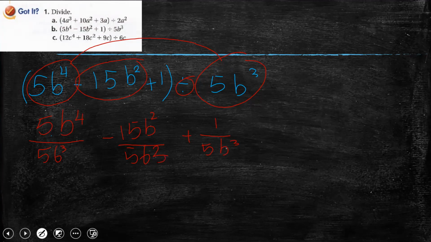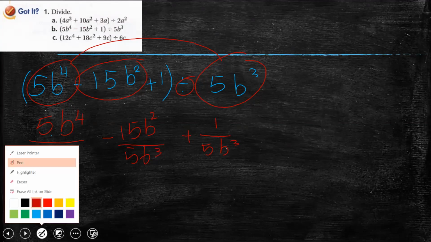As we said, we distribute each term on 5b cubed.